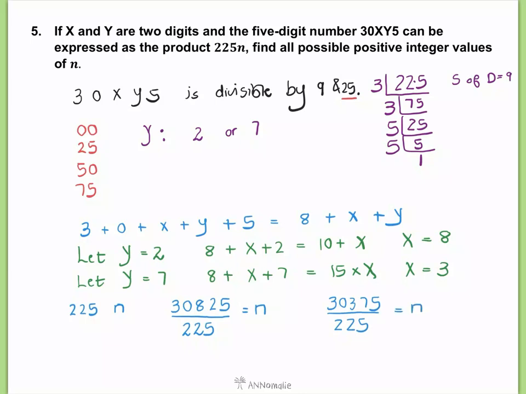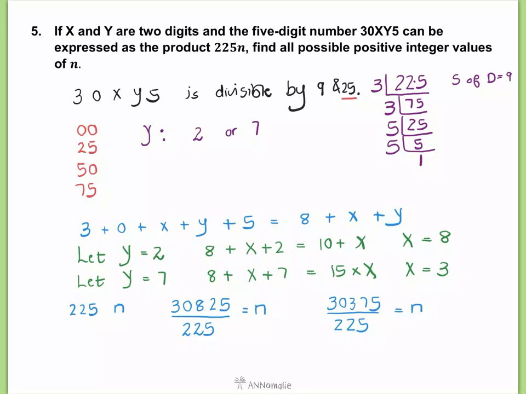Now, because we don't have calculators, we could simplify this manually. So let's have a look. Let's do the one on the left hand side. We can see that both of these will be divisible by 5.